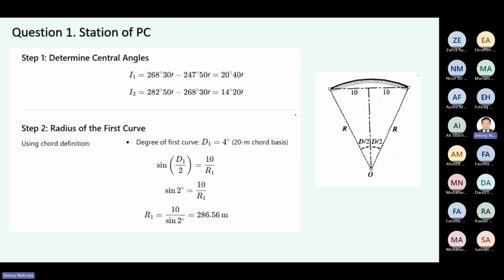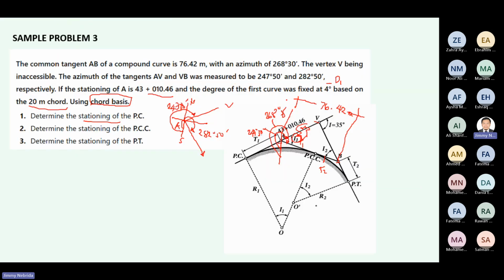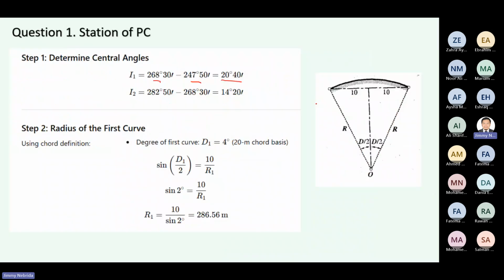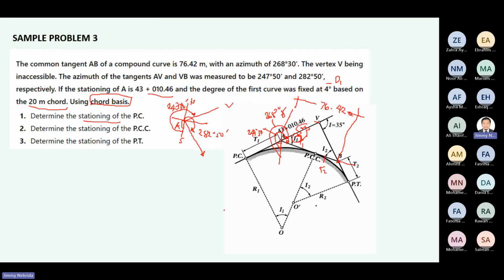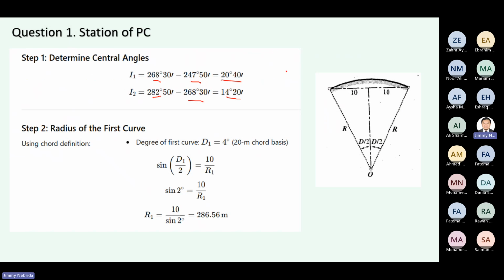How about I2? The same approach. I2 is this one. Again, you have 268. 282 minus 268 becomes your I2. I want you to figure it out, but you just have to measure. I'll do here. I2, this one, right?